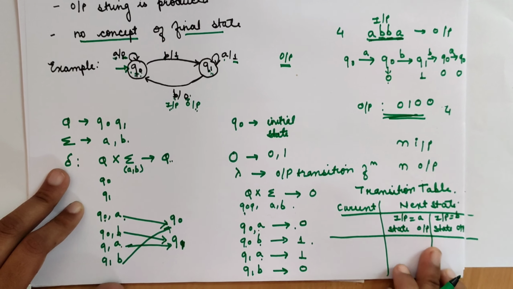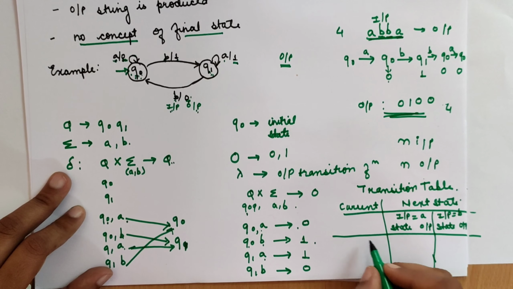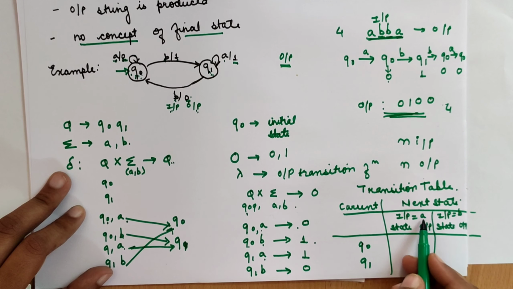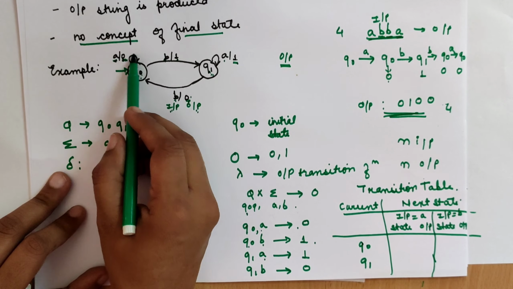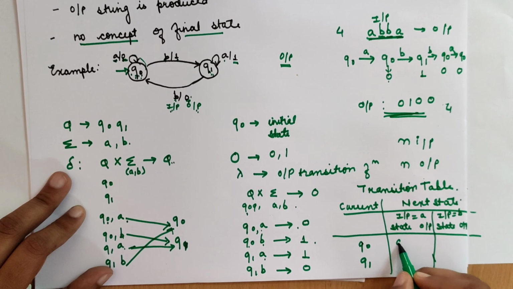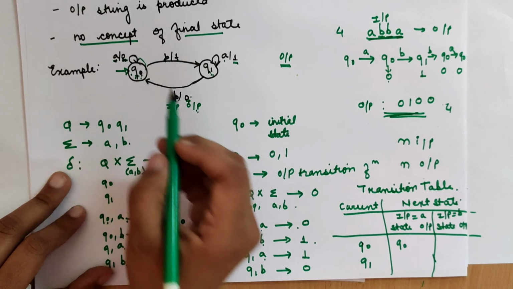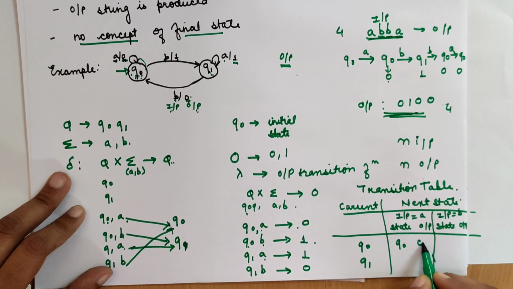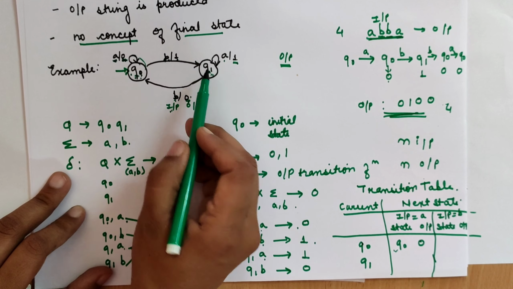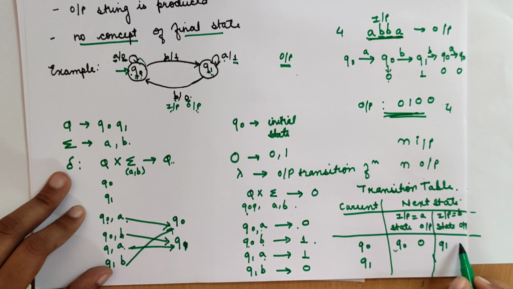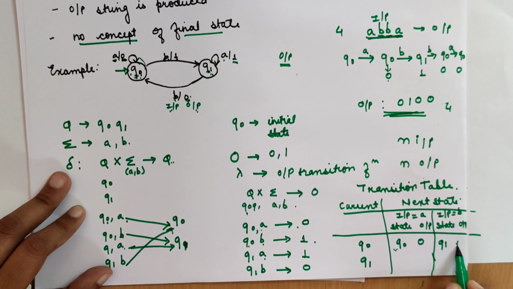Now how are we going to make the transition table? First of all, write down the states Q0 and Q1. Q0 on input A is going to Q0 and producing the output 0. Next, Q0 on input B is going to state Q1 and producing the output 1.